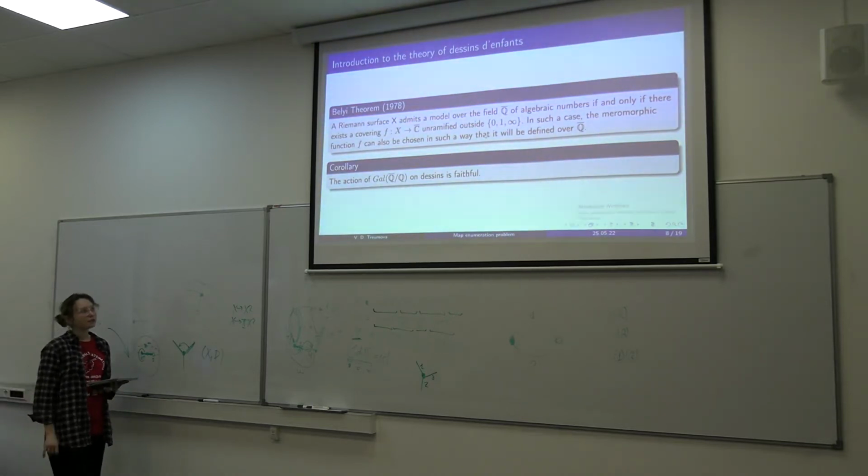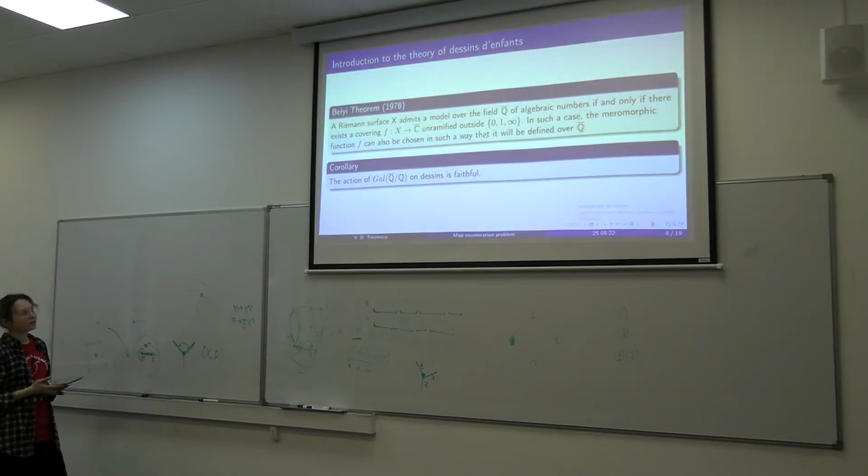And also there is a corollary of this theorem that the action of the absolute Galois group on dessins is faithful. So for each element of this group, there exists a dessin that does not stay fixed under the action of this element.